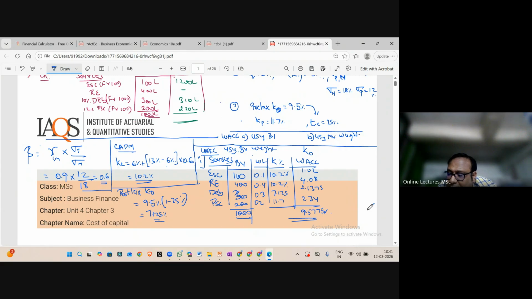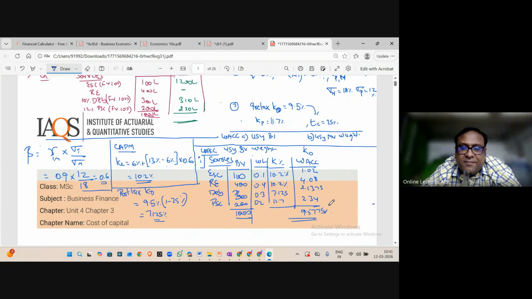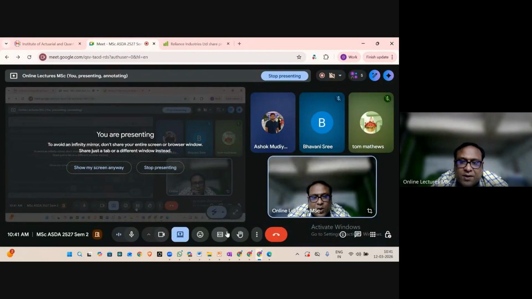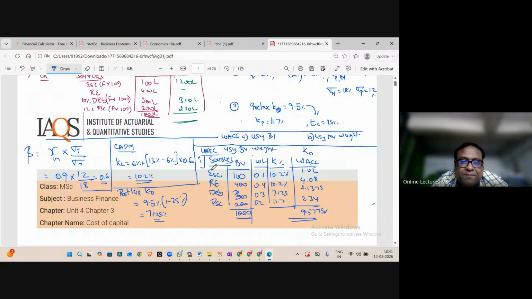Has everybody got till here? Yes. Lovely. Proceed. Now the same math is to be done by using market value weight.